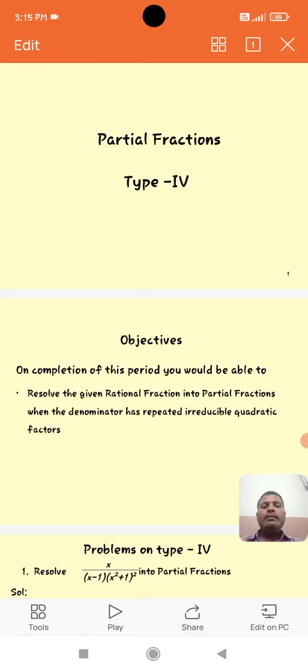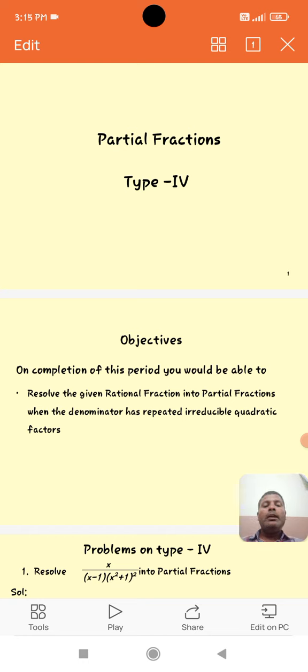The last class we discussed the non-repeated linear factor, repeated linear factor and irreducible quadratic factor problems, and how to resolve them into partial fractions. We discussed this in the last class.